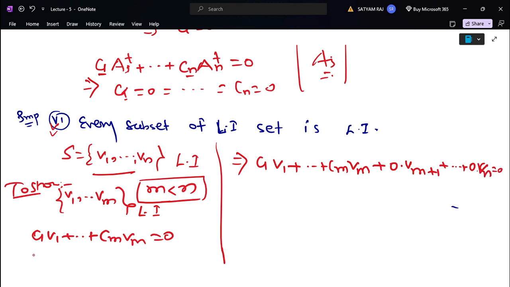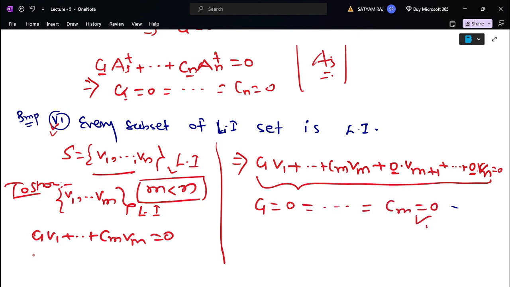Now if we see the whole expression, it is v1 to vn, and this is LI, it means all the coefficients will be 0, but these coefficients are already 0, so c1 will be 0 equal to cm equal to 0. Hence proved is the statement that every subset of an LI set is LI.